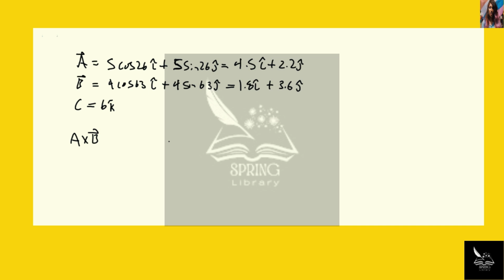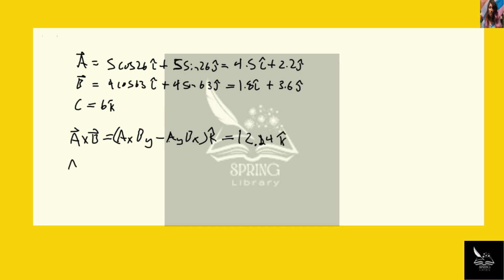It wouldn't write for a second. Sorry about that. So A cross B will equal AX BY minus AY BX. And this is going to be in the K hat direction. This equals 12.24 K hat.